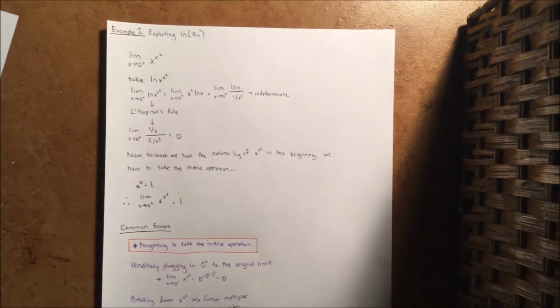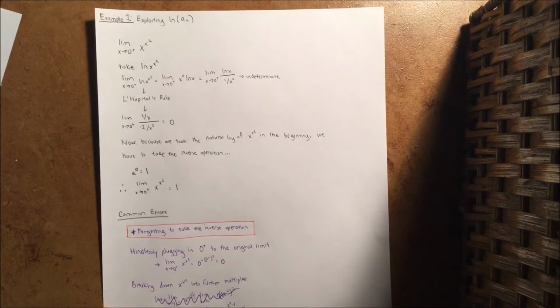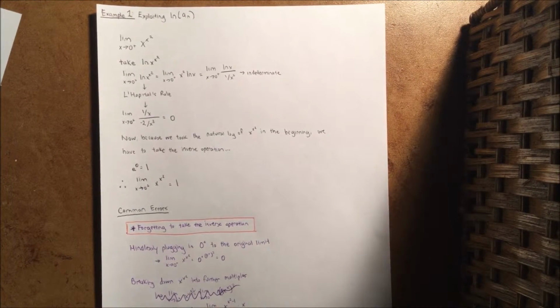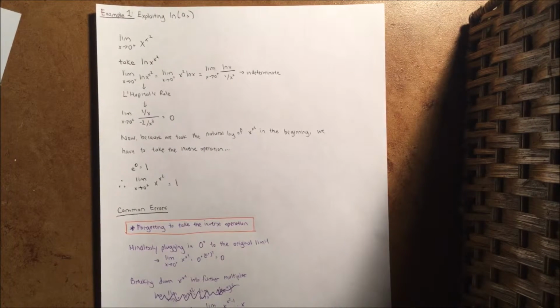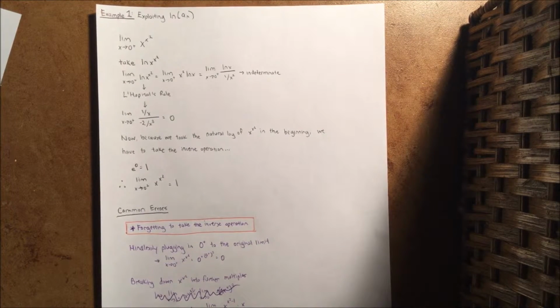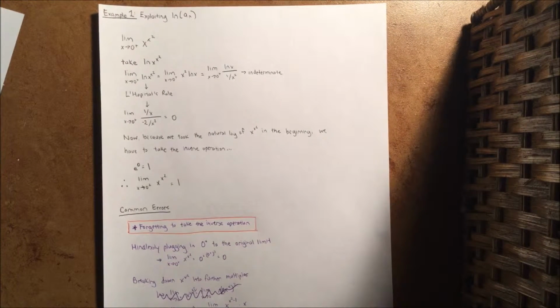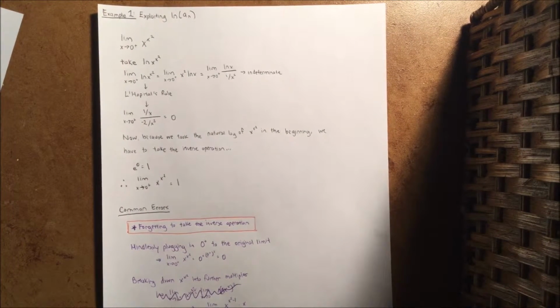Some very common errors with this are, number 1, forgetting to take the inverse operation at the end of the problem. This is an extremely common error, in that one can oftentimes solve for the limit as x approaches a certain number of the natural log of an expression instead of the expression itself. So one should always remember to take the inverse operation as soon as you're finished with finding the limit of the natural log.